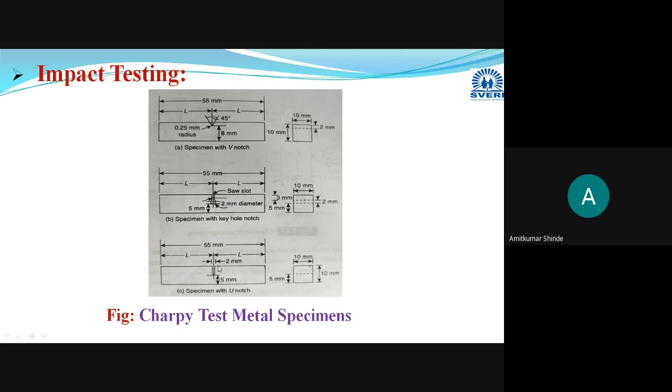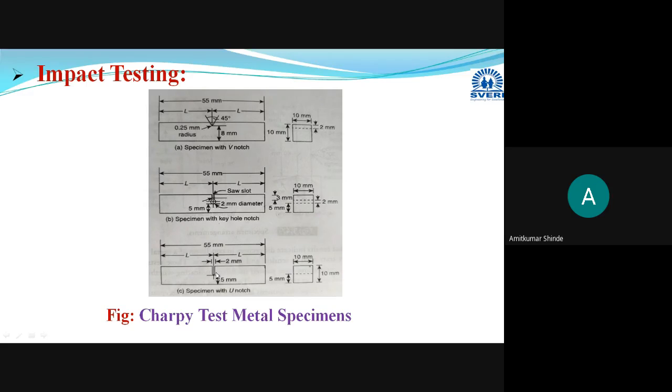If a U-shaped notch is used, its maximum depth is 5 millimeter, and exactly at the center of the specimen the notch will be created. In the Charpy test, you can prepare a specimen with a V notch, keyhole notch, or a U notch, always exactly at the center.